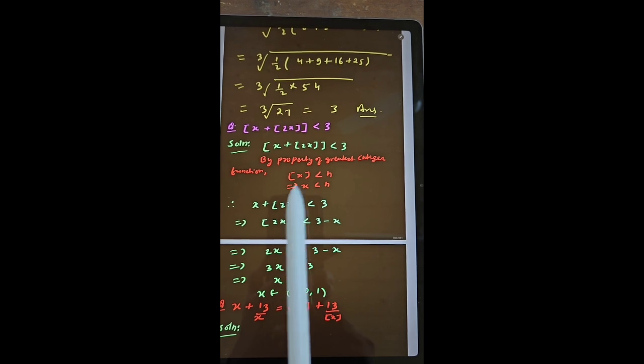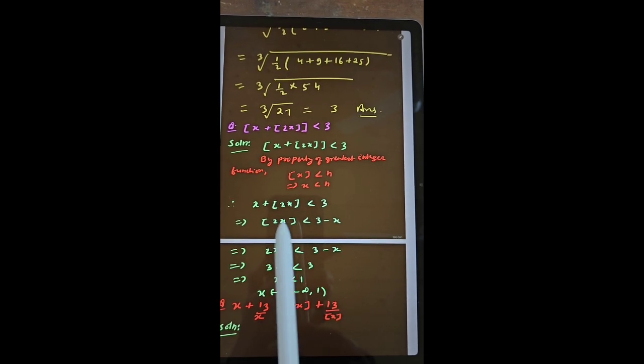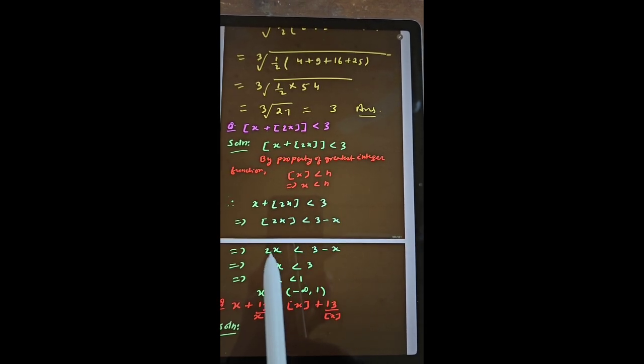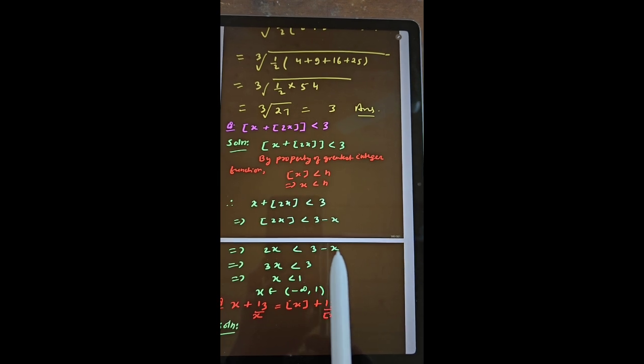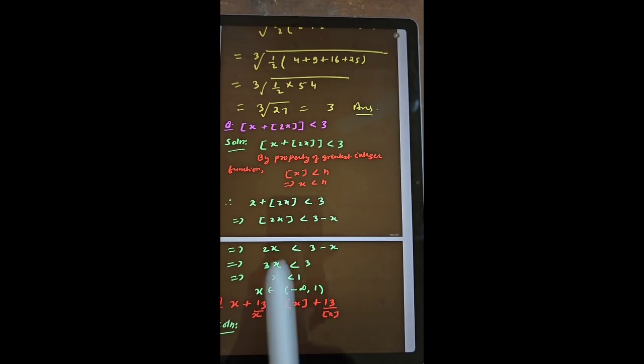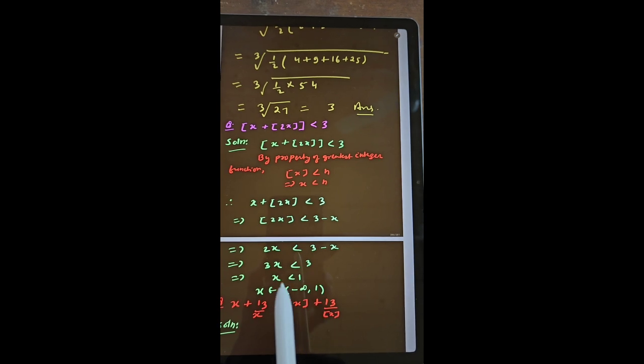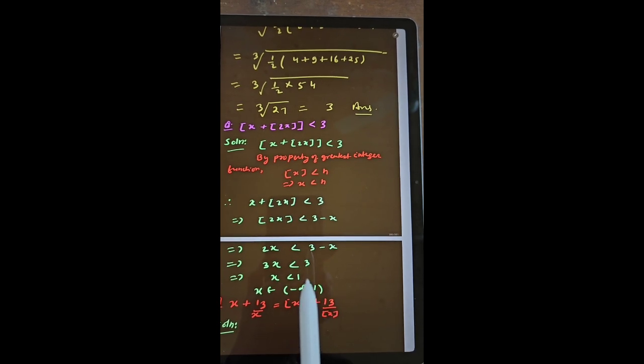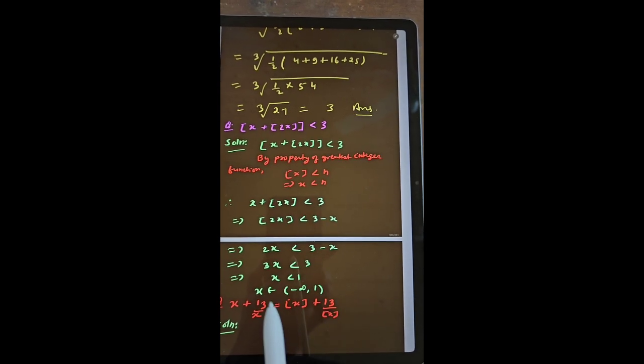And again, since the greatest function of 2x is less than 3 minus x, only 2x will be less than 3 minus x, using this property again. So this will give you 3x less than 3, so x is less than 1. So this is your value for x, that is less than 1, meaning minus infinity to 1.